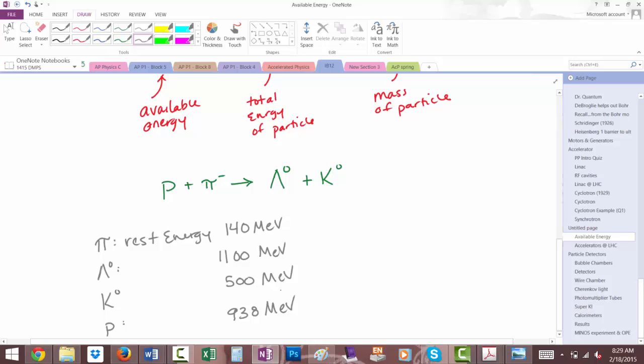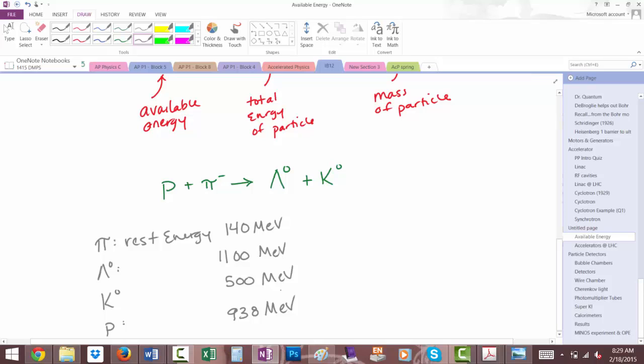Well, then you just find the difference in masses from both sides and transfer that over to kinetic energy. So you just add 140 plus 1100 plus 500. That gets you 1640. And you add the 938 plus the 140, and you find the difference in those two.